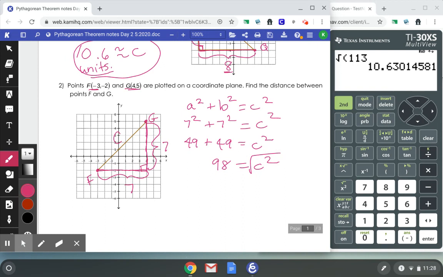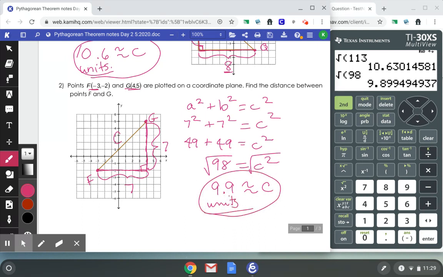So to get c by itself, I'm going to take the square root of both sides. The square root of 98 is 9.89. Let's round this to the nearest tenth again. So c will be about 9.9 units.